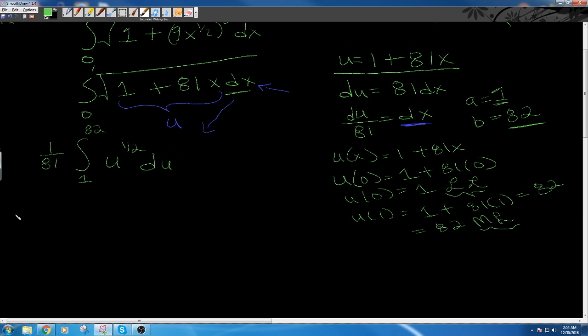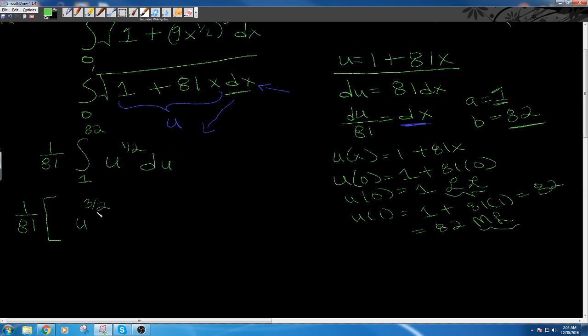So now we want to solve this integral. We're going to have 1 over 81 times, now remember, we're going to take the integral, so we're going to add 1 to the exponent. So we're going to get u to the 3/2, because 1/2 plus 1 is 3/2.